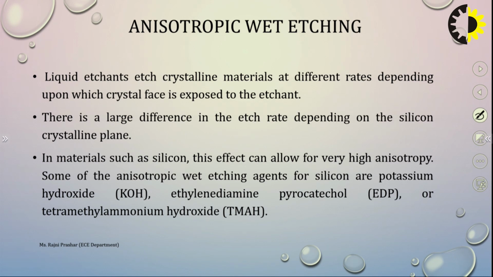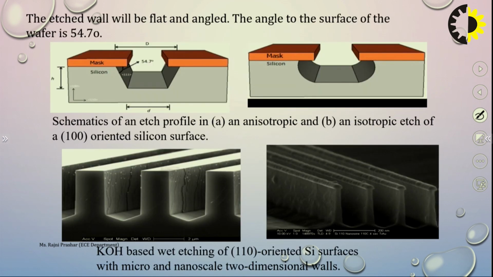Some of the anisotropic wet etchants are potassium hydroxide, named KOH, ethylene diamine pyrocatechol, EDP, or tetramethylammonium hydroxide, commonly named TMAH.